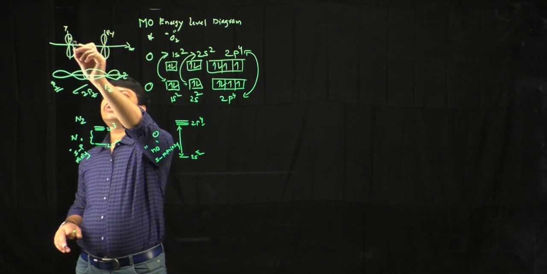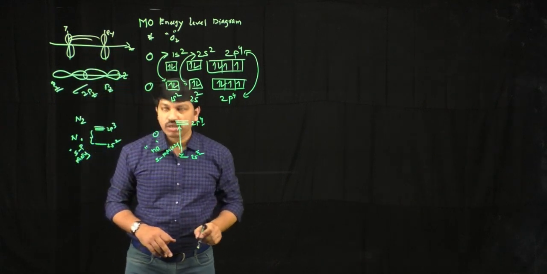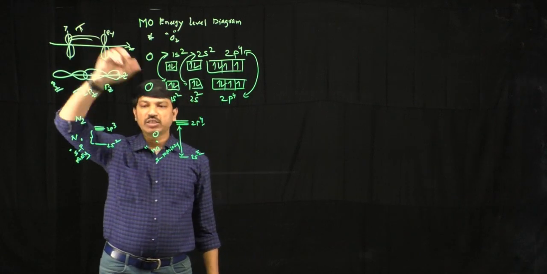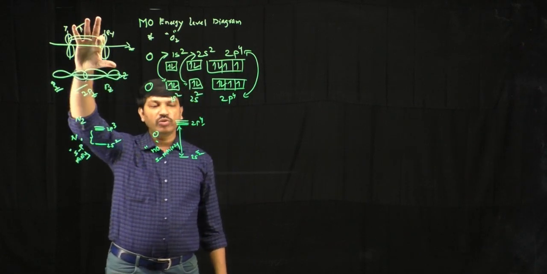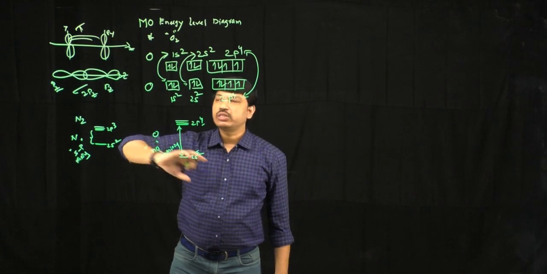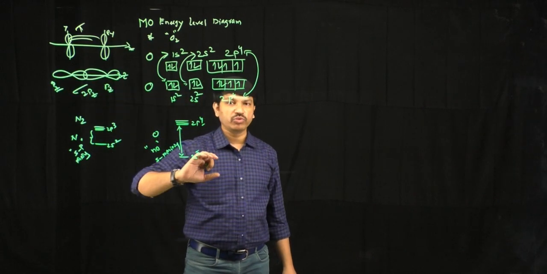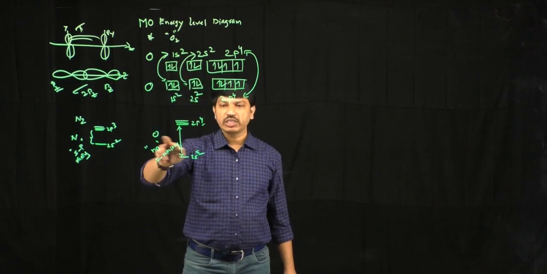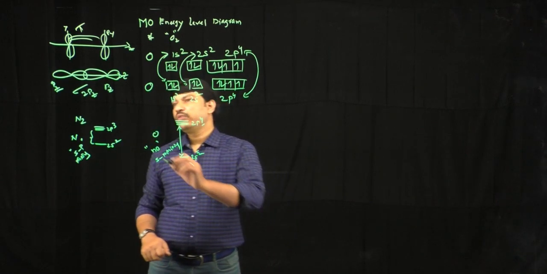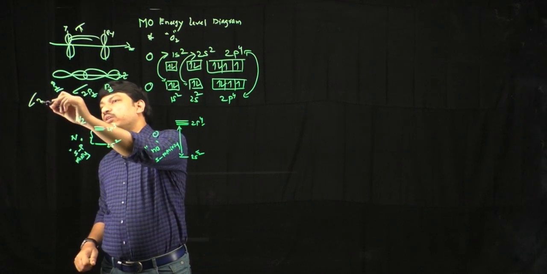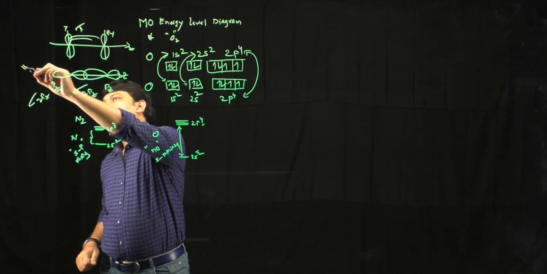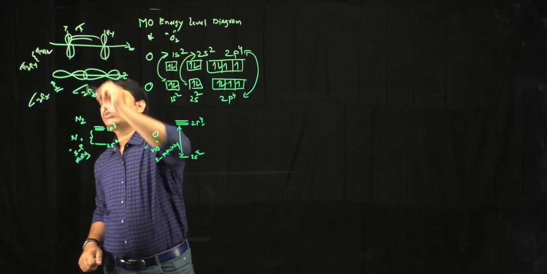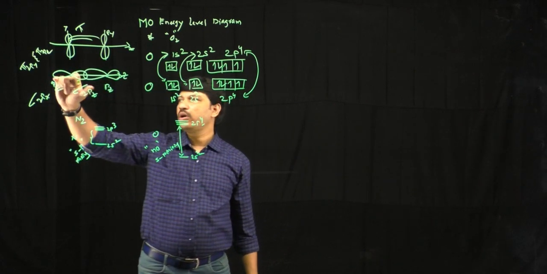These two undergo the linear combination process and produce pi type molecular orbitals. Similarly px also. So px and py produce pi type molecular orbitals, whereas pz linear combination produces a sigma type molecular orbital. So in the case of the oxygen molecule, there is no sp mixing between the 2s and 2p orbitals. Therefore sigma 2pz always has lower energy when compared to the pi 2py or pi 2px molecular orbitals.